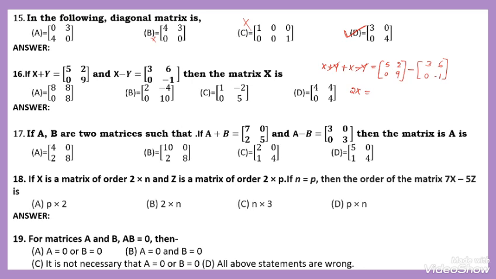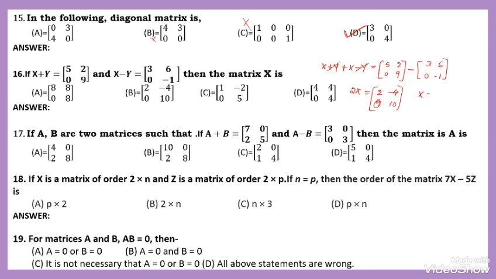Again, I have to take the subtraction between these two matrices. 5 minus 3, it is 2. 2 minus 6, that is minus 4. 0 minus 0 becomes 0. 9 minus into minus becomes plus, that is 9 plus 1, 10. This is the 2x matrix.